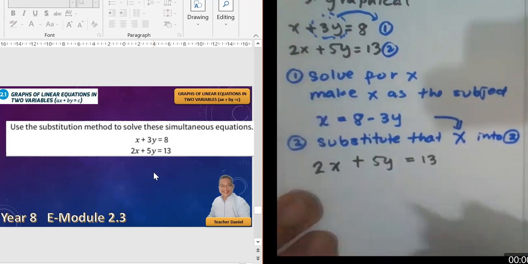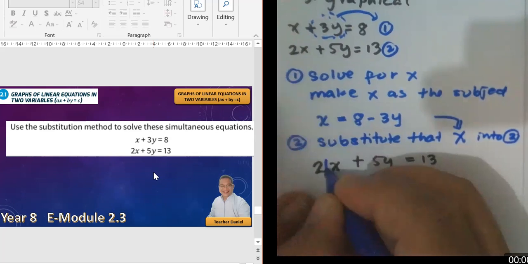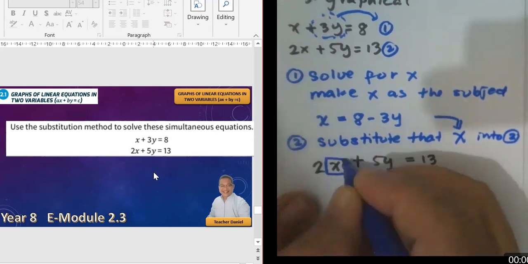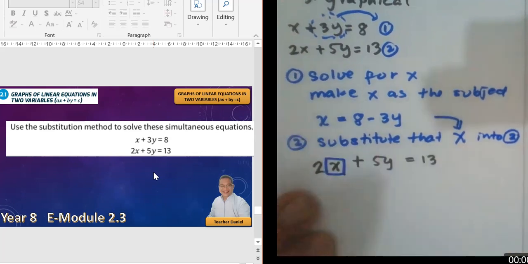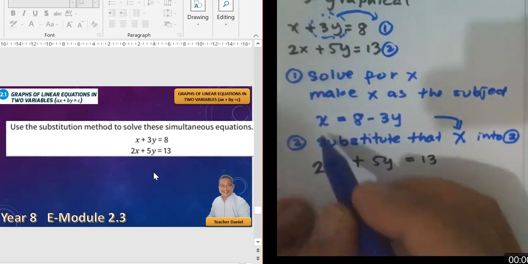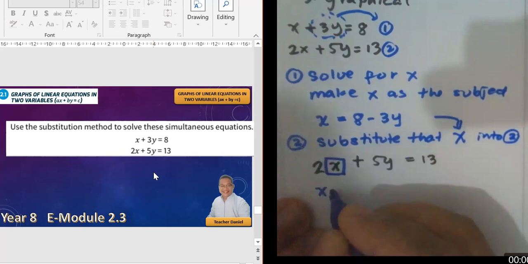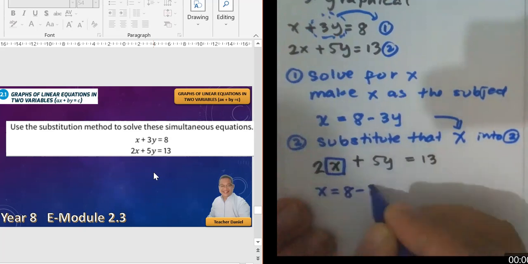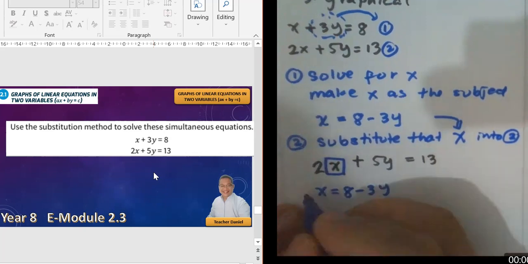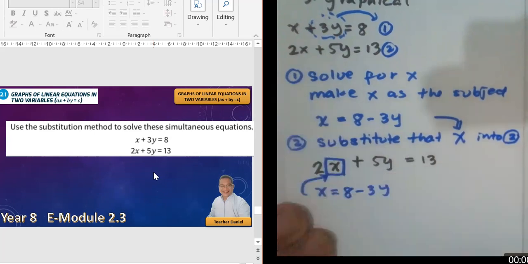I would like you to think of this x as an empty box. We need to put this x, which is equal to 8 minus 3y, into the empty box.